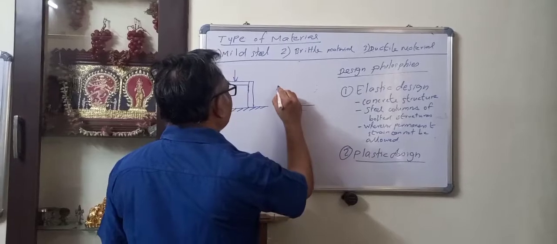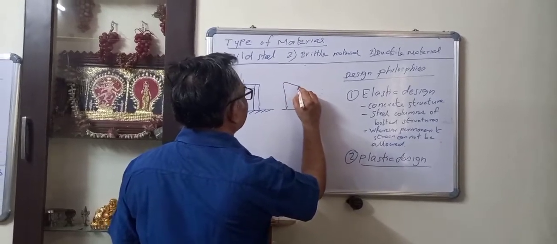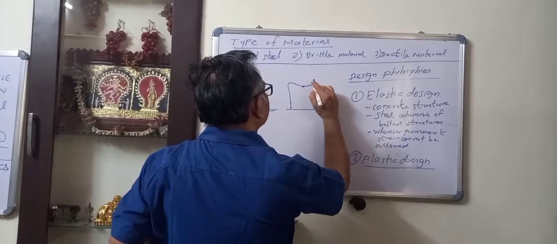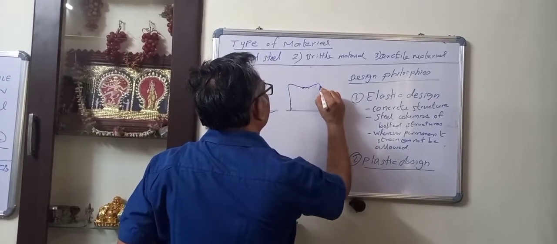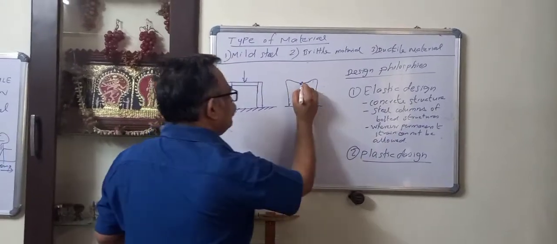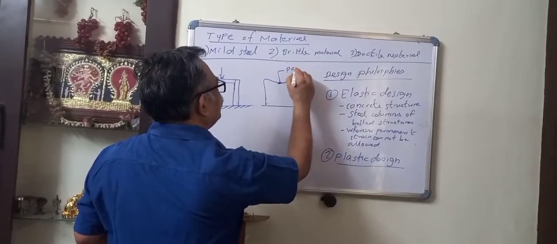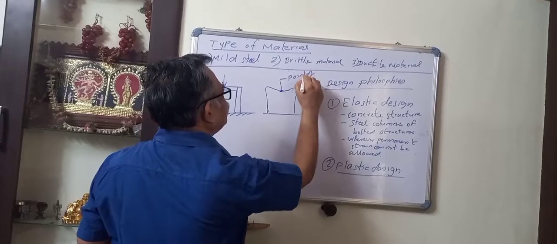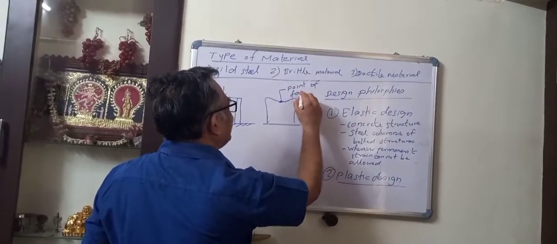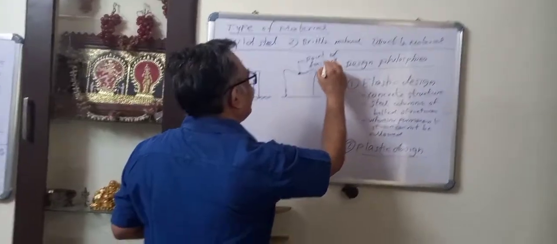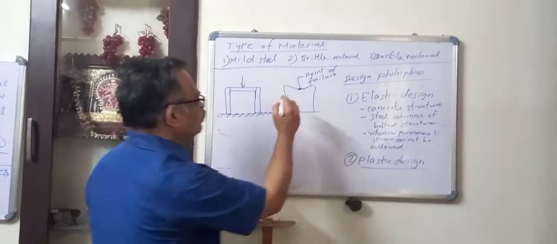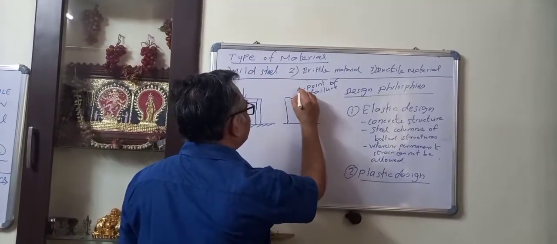It will come slowly like this. It will bend like this. It will fail at the center first, then it will go like this. This is the point of failure. Even after this point of failure, the structure will continue to support the load, because the load is there.